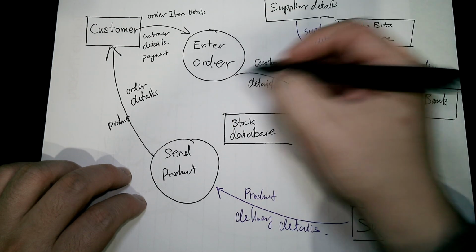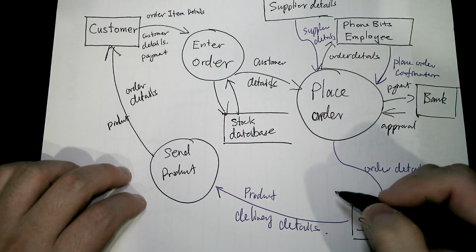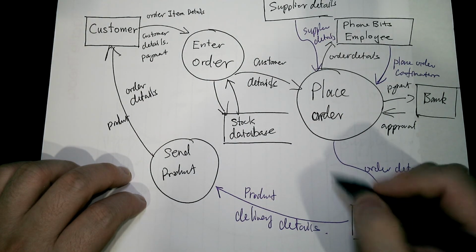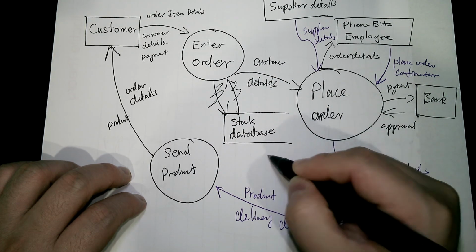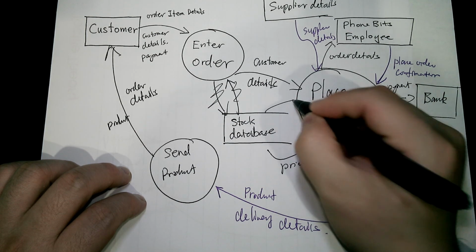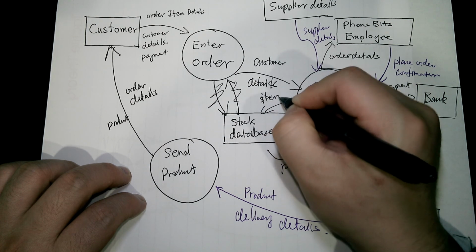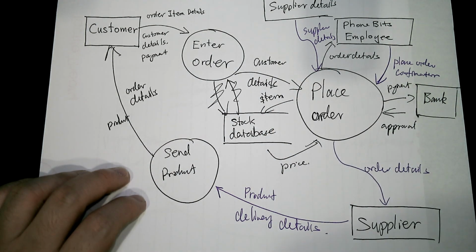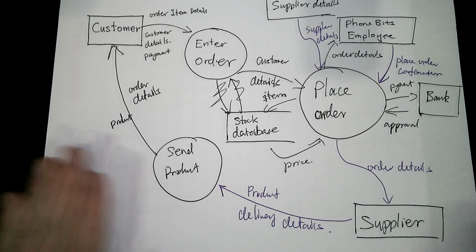We can do a search, going out, coming back in, and I might do it here: price, item, etc. Item details.